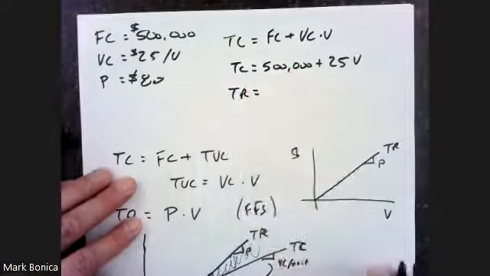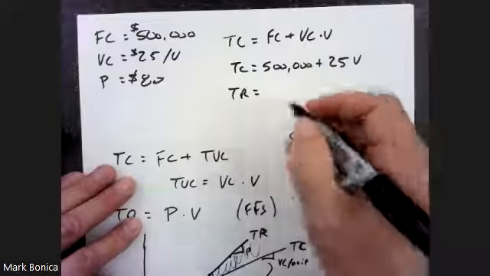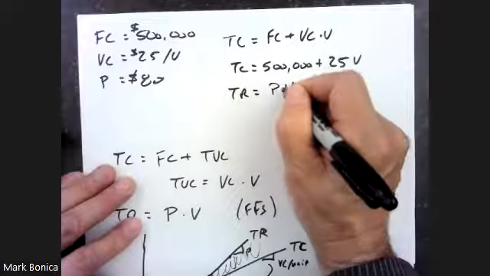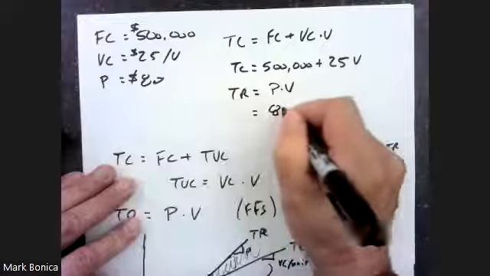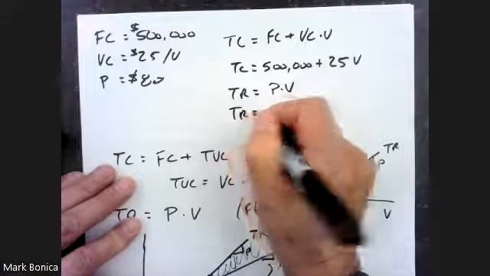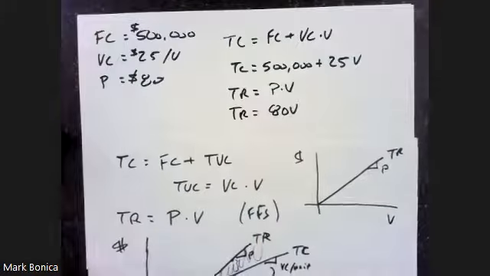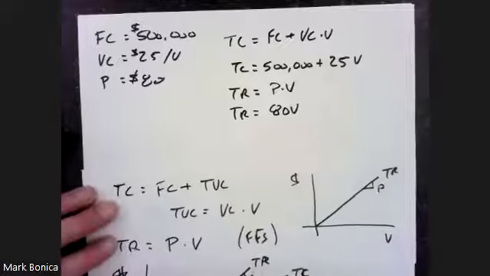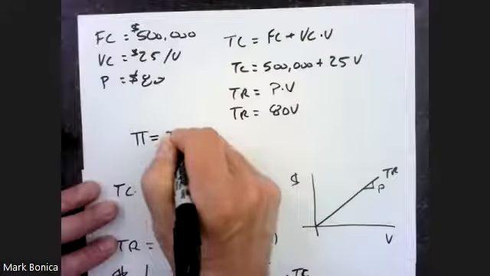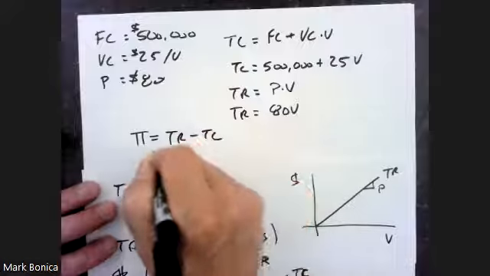Total revenue is price times quantity, price times volume. So price is 80. So that's easy. Total revenue is 80V, right? Now, the profit function is total revenue minus total cost.